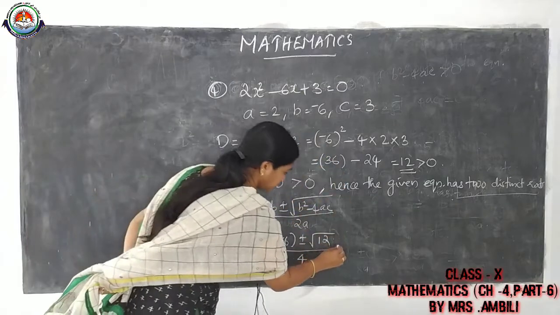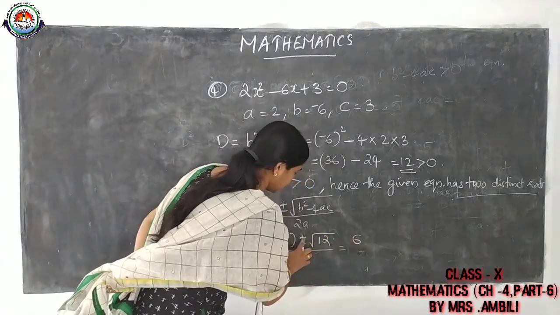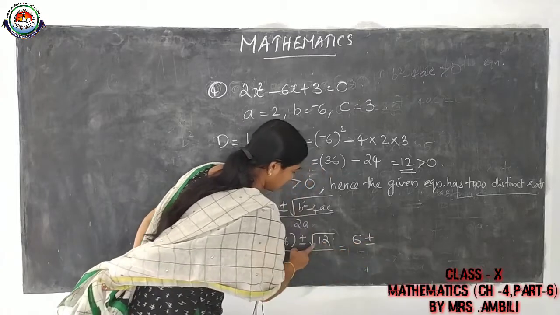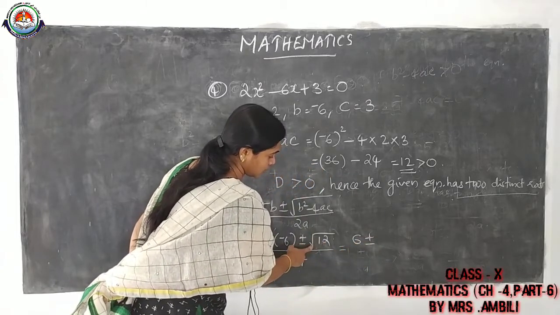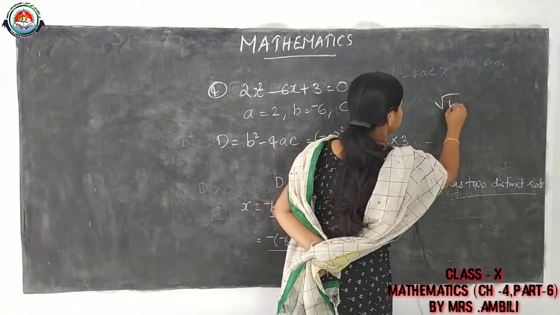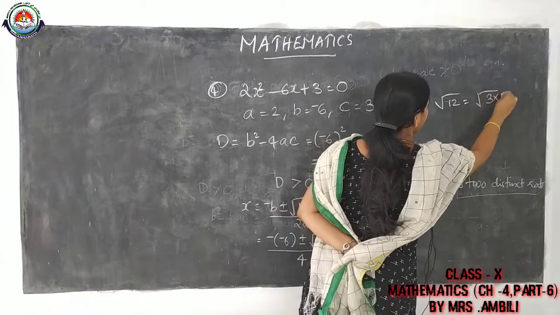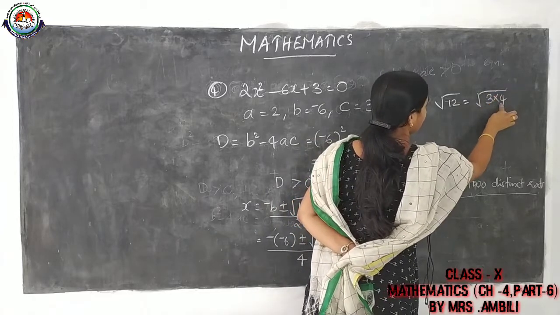Okay. Then that is equal to minus of minus 6, that is 6, plus or minus root 12. How can we write root 12? You can split root 12 as root of 3 into 4. So root 4 equal to 2.